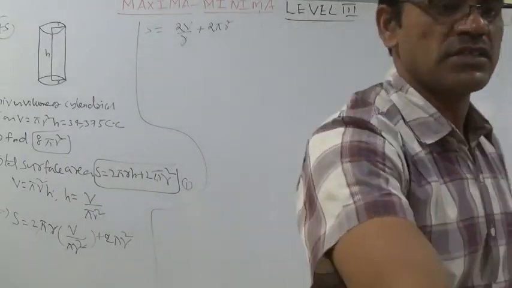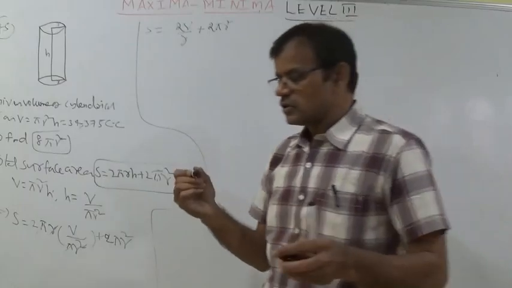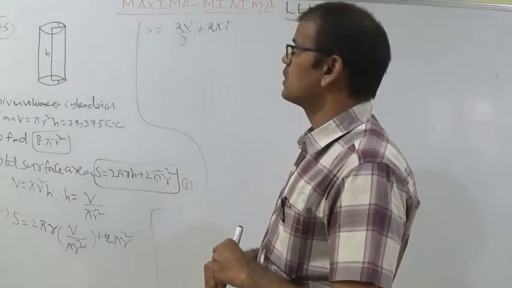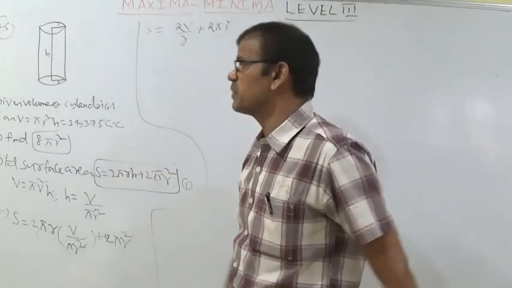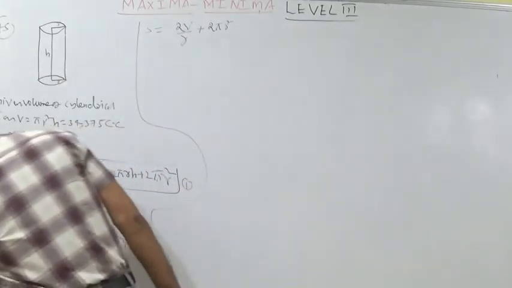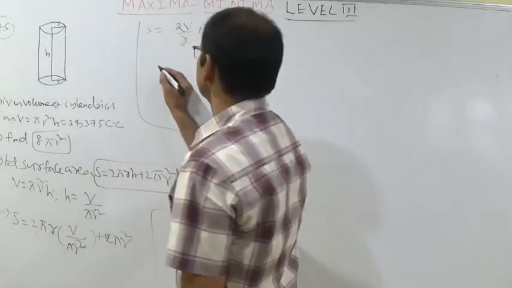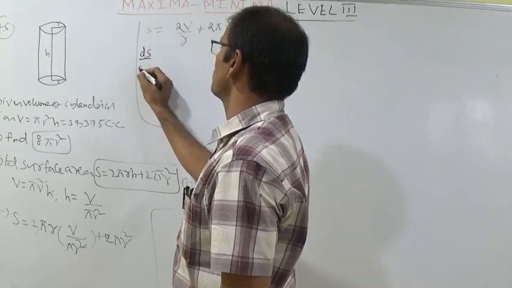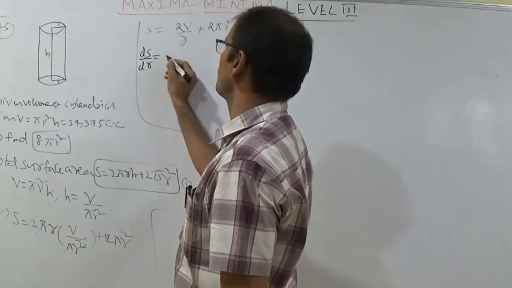To find whether the amount is least, it depends upon the total surface area, whether it is minimum or maximum. You should calculate ds by dr equal to 0.